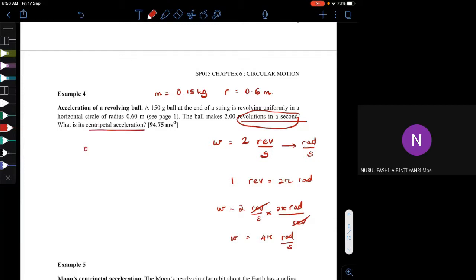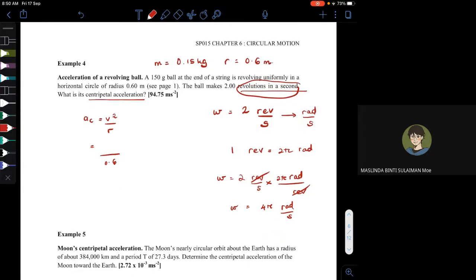So we know that a_c is equals to V square over R. Okay, but we don't have our V. Siapa tahu macam mana nak cari kita punya V? Anyone wants to guess? R omega. Okay, very good. V is equals to R omega. Ini kamu kena hafal, yang ini tak kasi dalam exam.